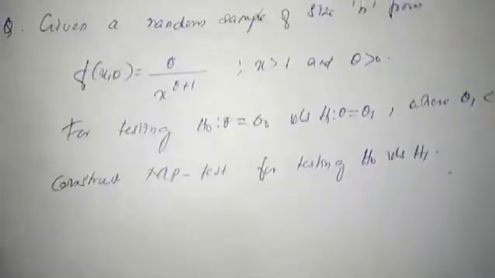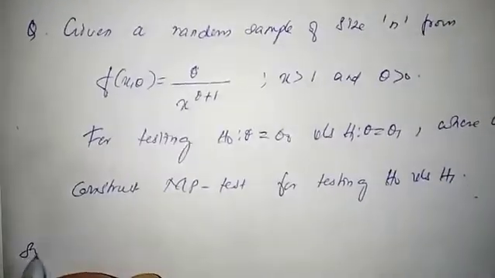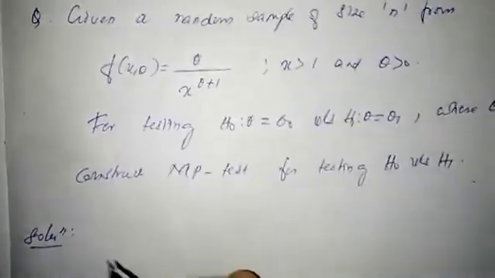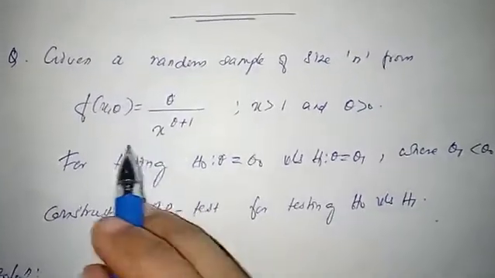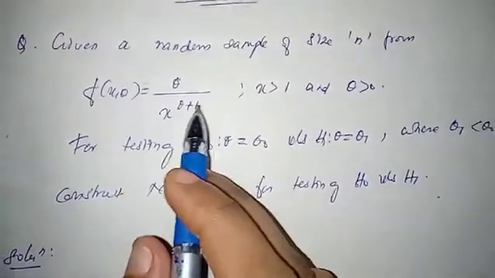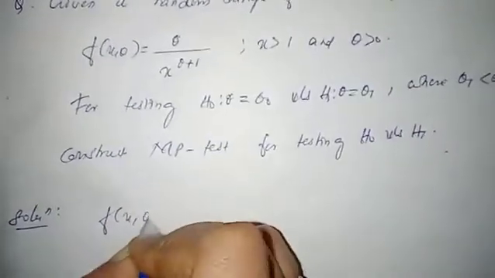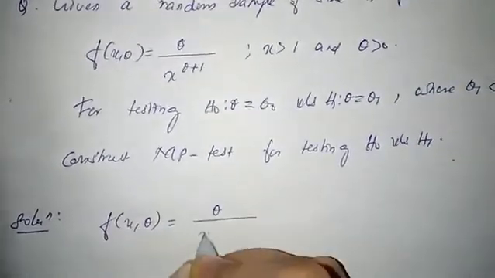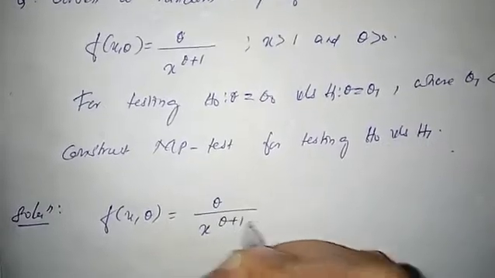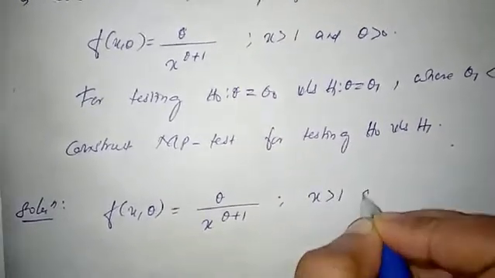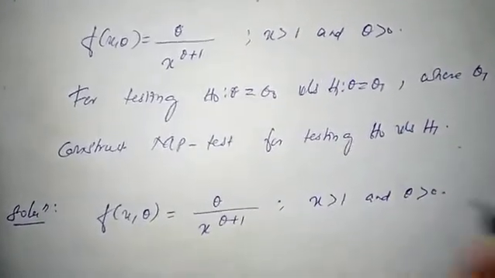Okay, then the solution. Here it is given that the density is f of x theta equal to theta divided by x to the power theta plus 1, where x is greater than 1 and theta is greater than 0.